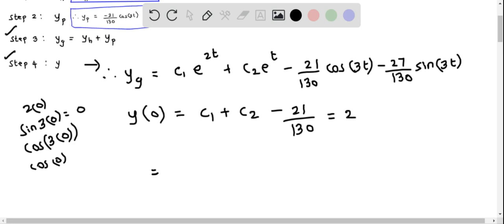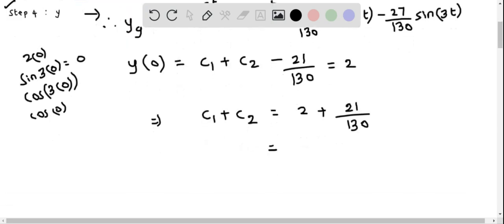That is, let's simplify as c1 plus c2, and this equals, we add 21 by 130 to both sides, so this becomes 2 plus 21 over 130. We have to multiply this 2 by 130 and divide by 130 to get a common denominator. So 2 times 130 is 260.